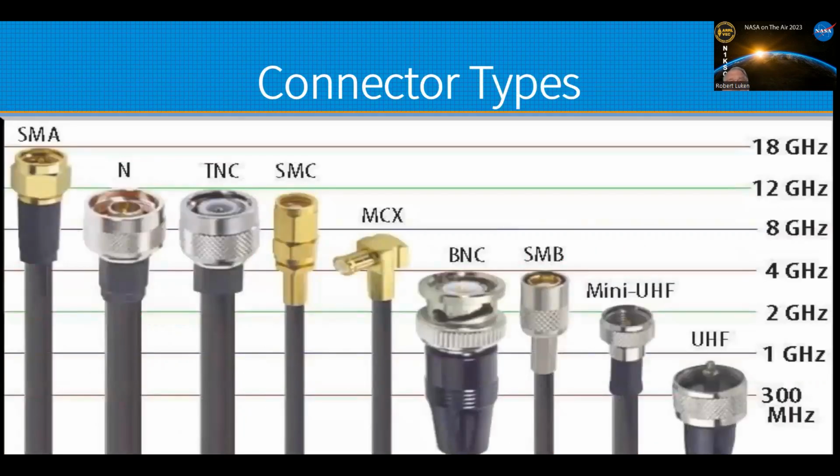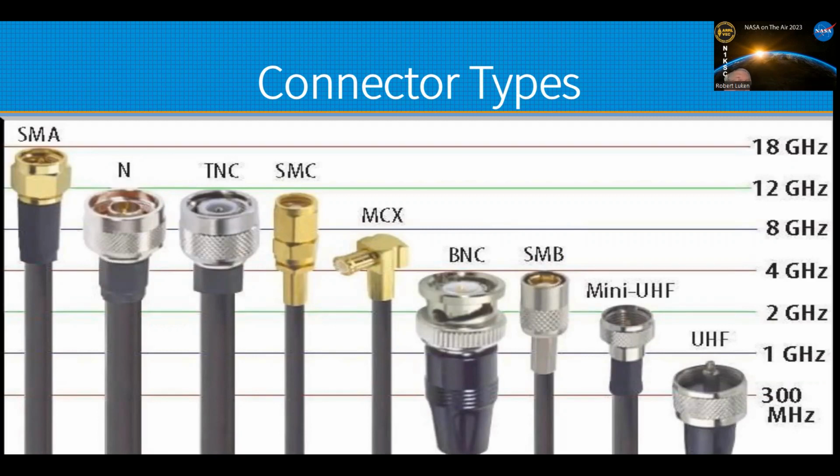Here's a picture, not to scale, of all the different connectors, because it looks like a BNC is the largest one. And it's not. Down at the bottom is what they call a UHF, but that's the PL259, which you see is only good for a little over 300 megahertz, 300, 400, something like that.